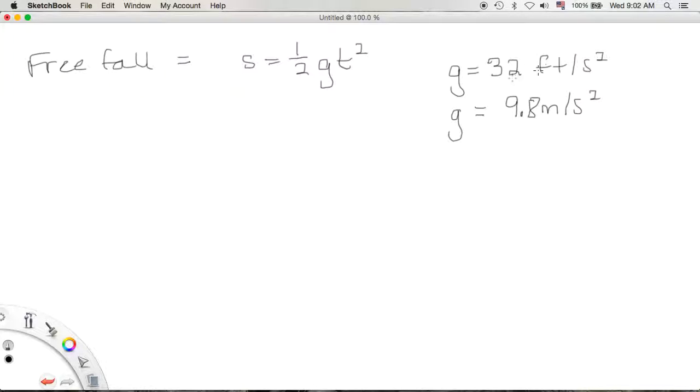Pay attention to your units, but these are the 2 gravity constants that you need to know: 32 feet per second squared, or 9.8 meters per second squared. So what this will tell you is your velocity, take the derivative, is gravity times time, and of course your acceleration is just gravity because we're just free falling, it's not being pushed at all.